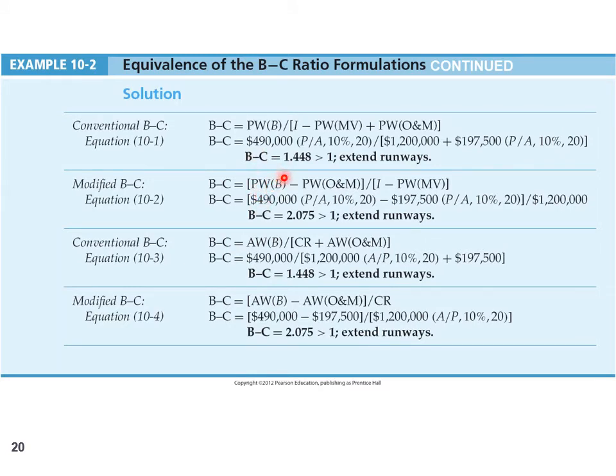Solve the same example with both of these methods. So initially, find the present worth of the benefits, divide it by the initial investment, present worth of the market value subtracted, plus the annual operating and maintenance cost. The present worth of the benefits are listed in the table. Just sum up those benefits and you will obtain this.